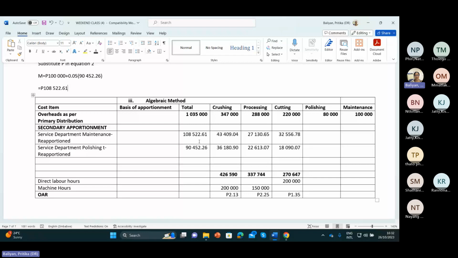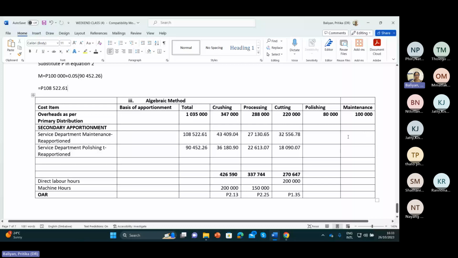Are you getting 27,130 when you calculate 25% of it? Yes. Okay, and then 30% will go to the cutting department. You need not worry about the 5% for maintenance because that cost is already included here, so you need not apportion 5% to another department.